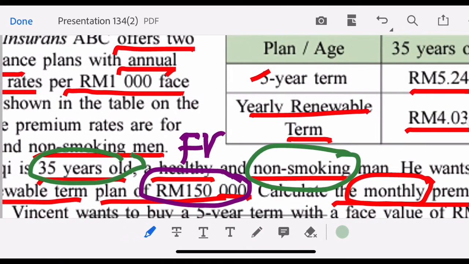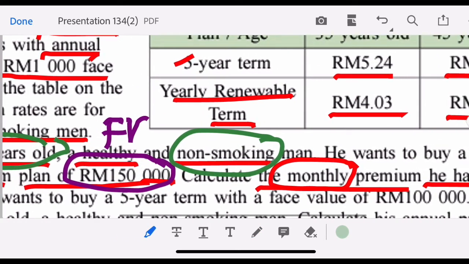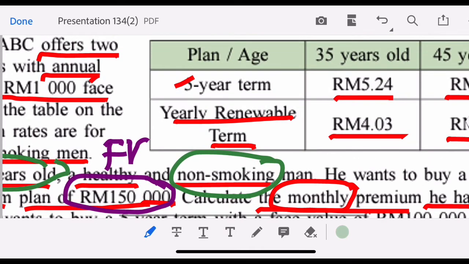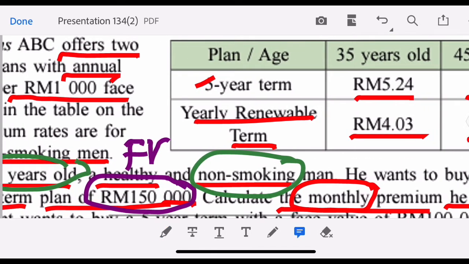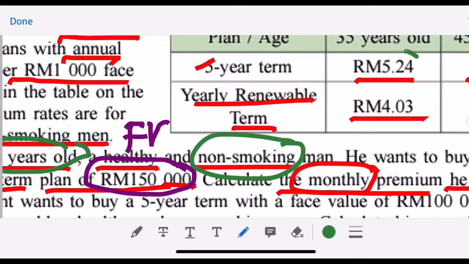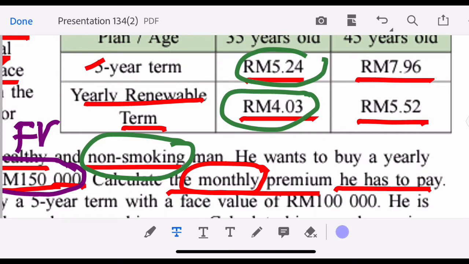So let's go to 35 years old and non-smoking. Okay, if 5-year term, it will be 5.24, and if it is yearly renewable, it will be 4.03.